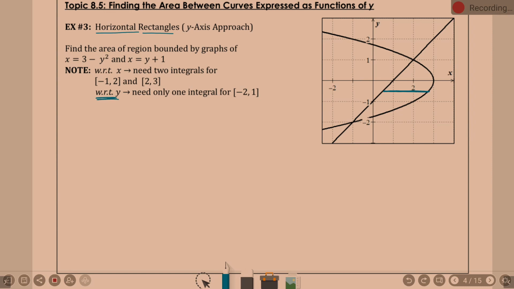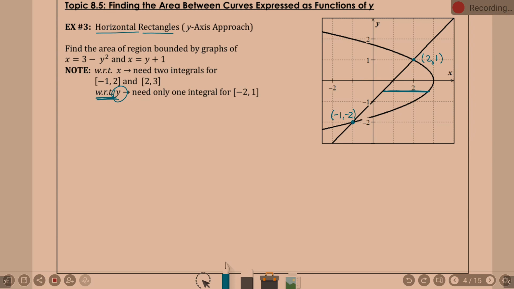And when we talk about with respect to y, we're going to use y values. So as we look at these intersection points, what are these intersection points? If I look at this ordered pair real quick, it is -1, -2. And this one is 2, 1.